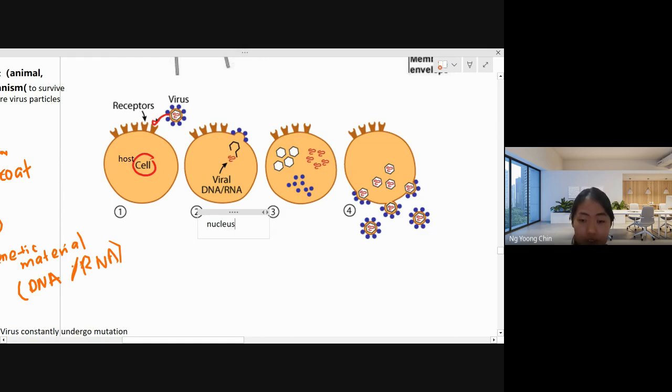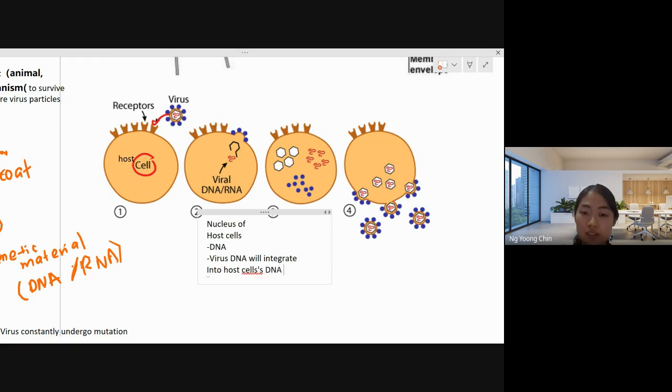Inside the nucleus of the host cell, there is also genetic material, right? They contain the DNA. So the virus DNA will integrate into the host cell DNA.